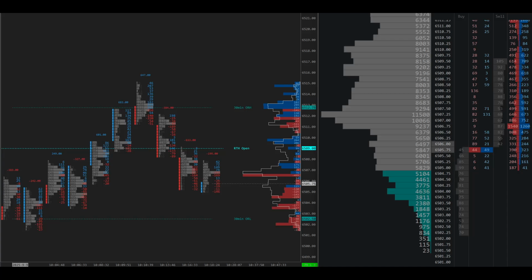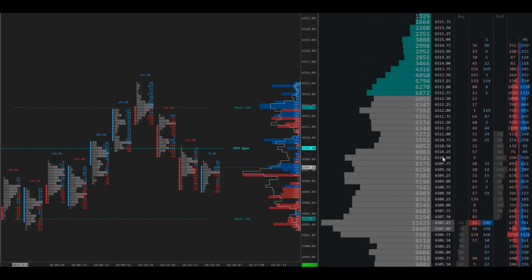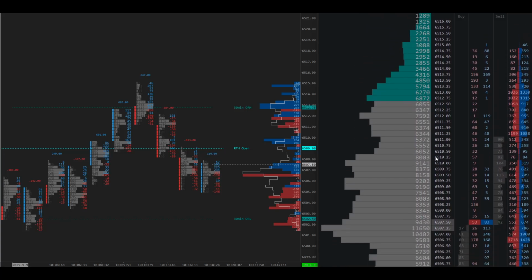I don't have it pulled up right now, but it's not like it's been auctioning super strong to the upside. So it just made more sense to short this.